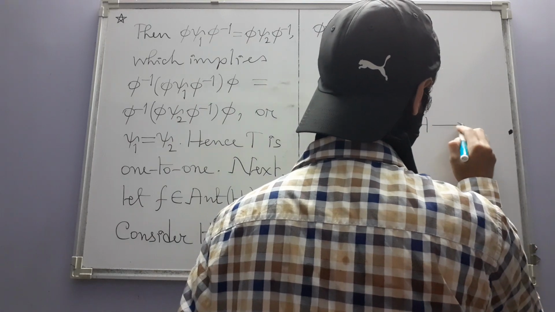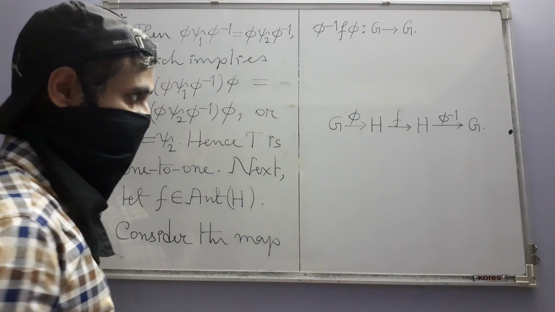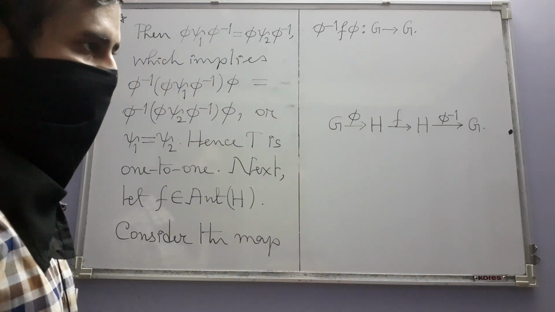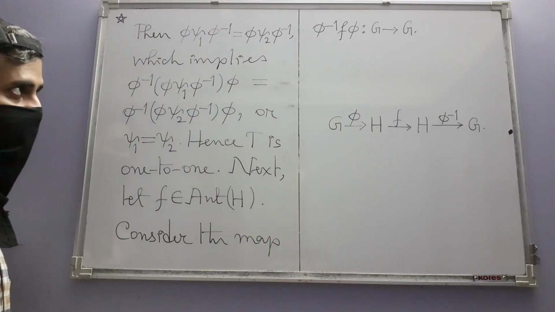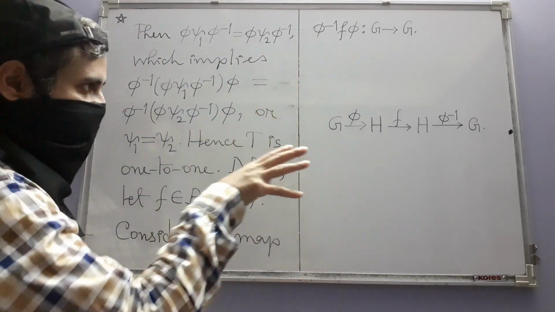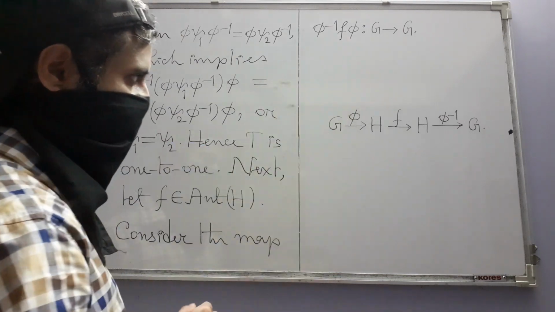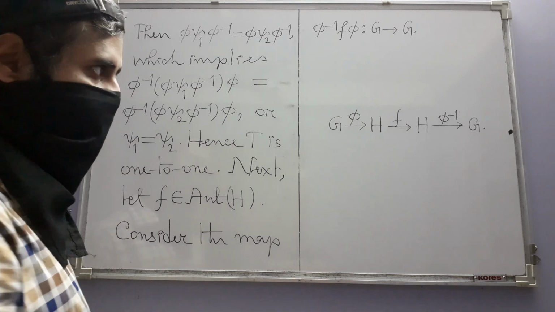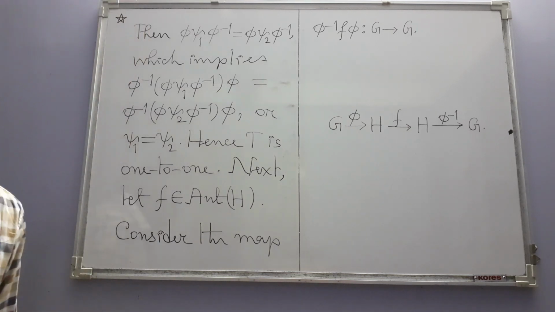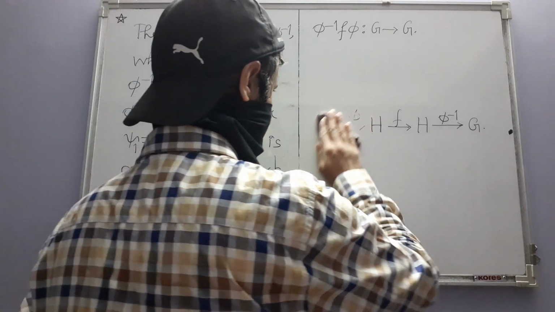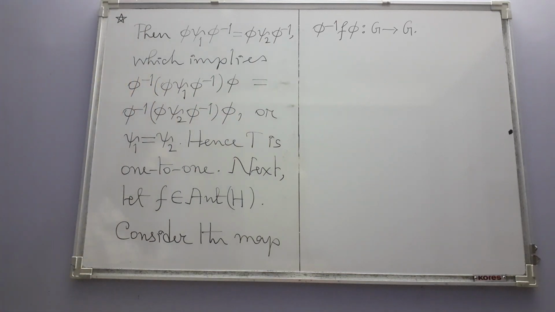And then phi inverse takes us back to G. So yes, this composition is a map from G to G. Now the first thing we are going to show is that this composition actually is an automorphism of G. Okay, so that is the first thing. And then of course we will show that its T image is F, which is rather easy, almost obvious.